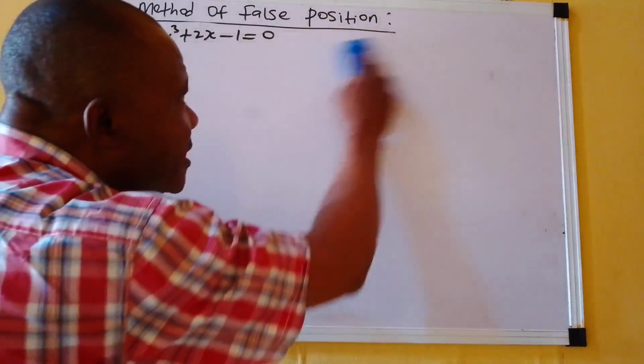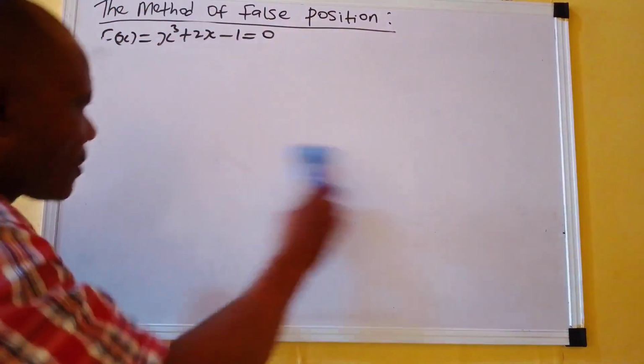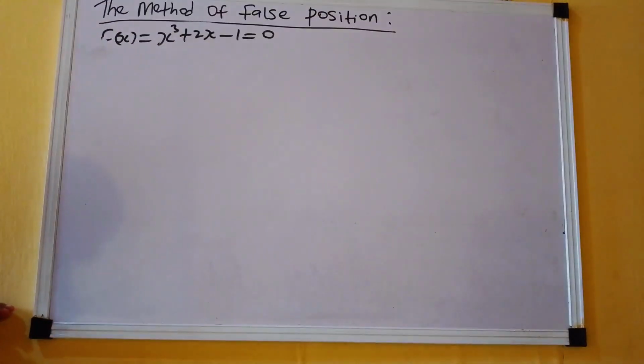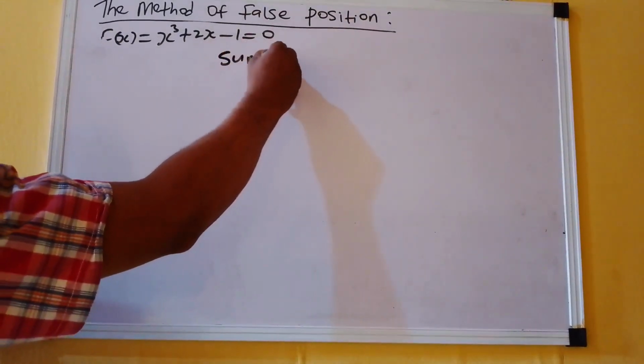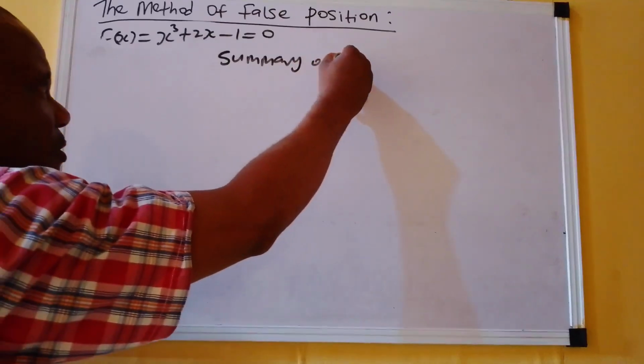Now I want to write out the results summarily, which we call the summary of results. Until the results are explained, we have not achieved anything.